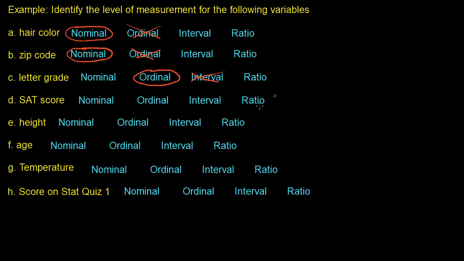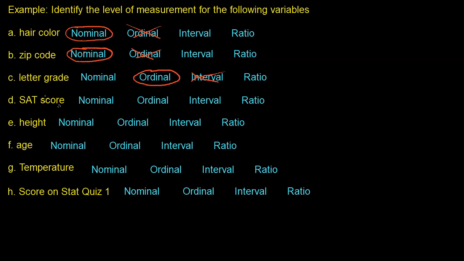Is there a meaningful zero? Can you take the ratio between SAT scores? No, not really, because if you remember how it was scored, there's no zero SAT score. A lot of standardized tests work this way. IQ scores usually work the same as well. If you get a 0 on an IQ score, it doesn't mean you have zero intelligence.